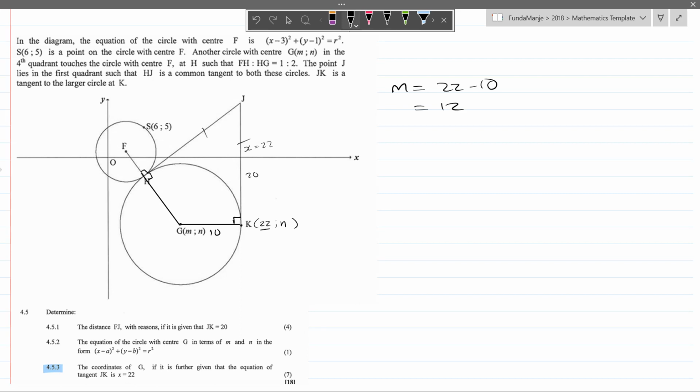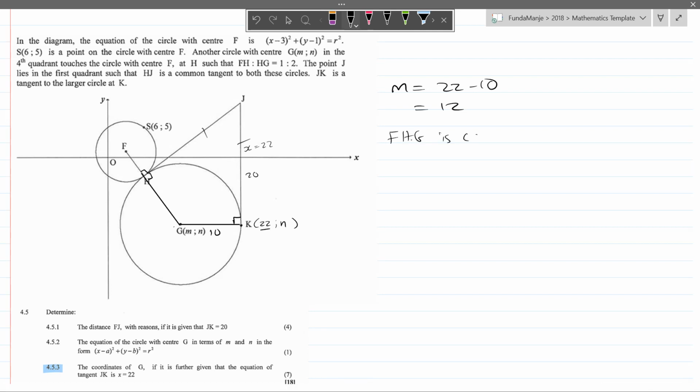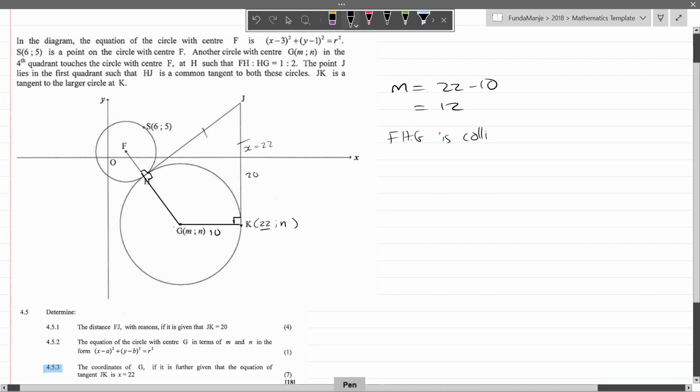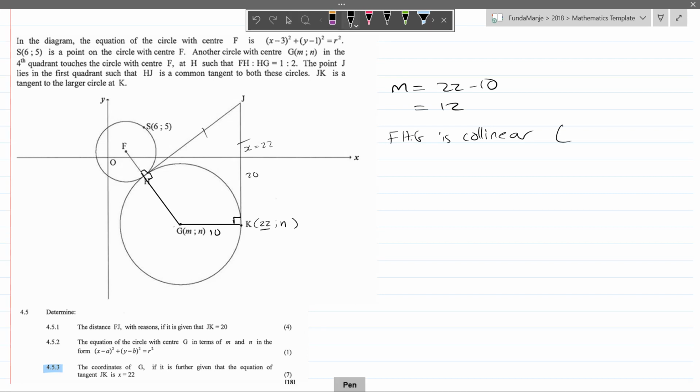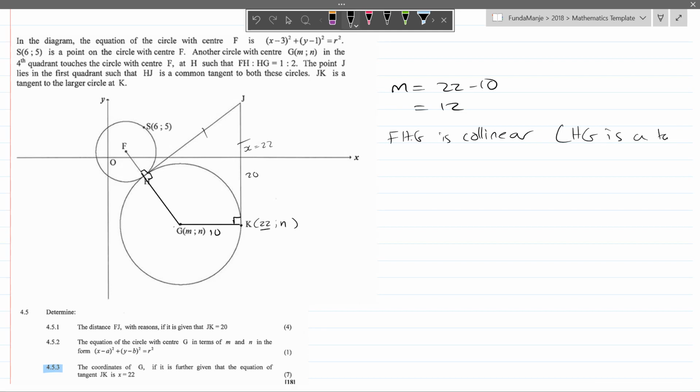This means that FHG is collinear, or they are all points on one line. And the reason is that HG is a tangent.